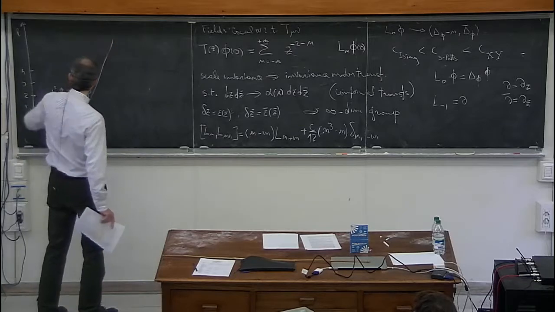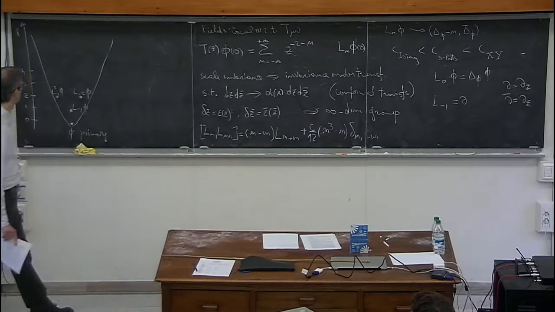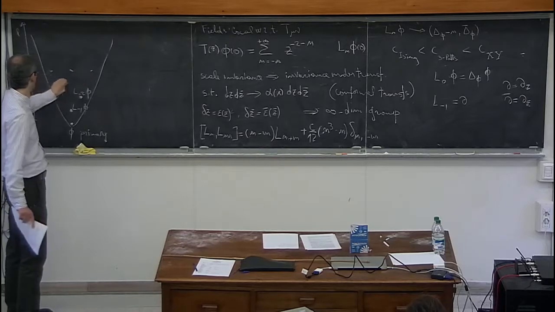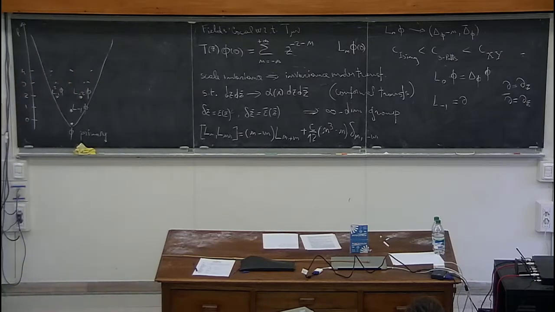You generate in this way a tower of states in which the number of fields you have is determined by the number of partitions of this total number L, which is called the level, into integers.